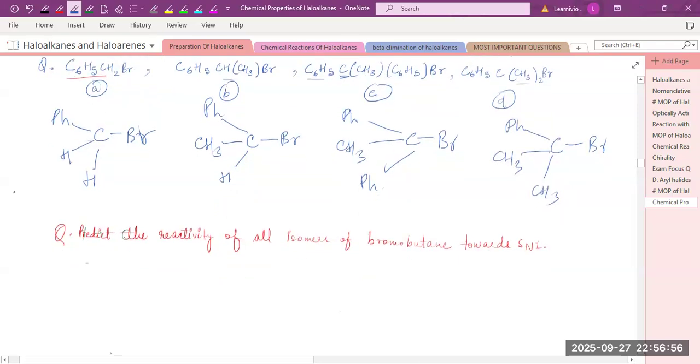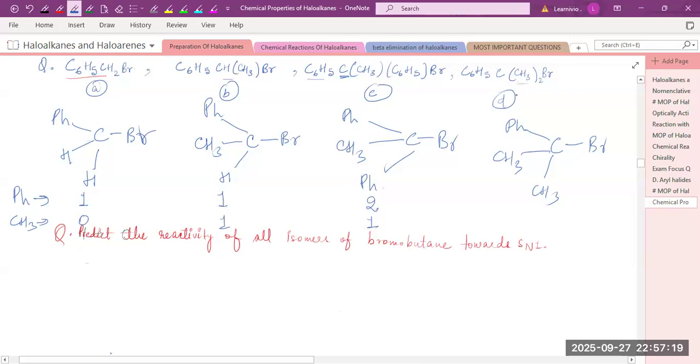Okay, now let's check it out. How many phenyl groups and CH3 groups will we write here? In the first compound, only one phenyl group is present and there is no methyl. In the second molecule, there is one phenyl and one methyl group. In the third, there are two phenyl and one methyl group.